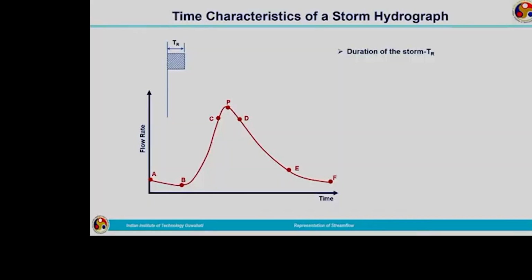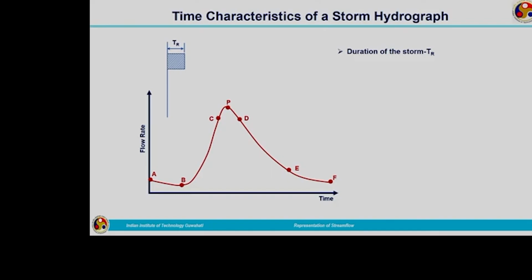After that, the contribution of runoff to the channel or the overland flow might have ceased, and withdrawal from the storage components takes place; that is the beginning of the recession curve. Once it reaches E, the entire runoff component has stopped and EF represents the contribution from the base flow. So, this is the storm hydrograph which we have seen in the previous module.